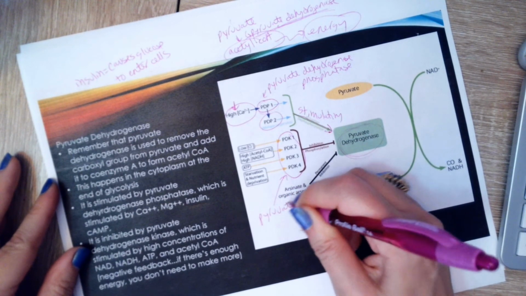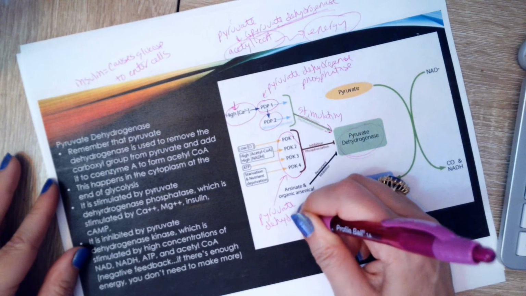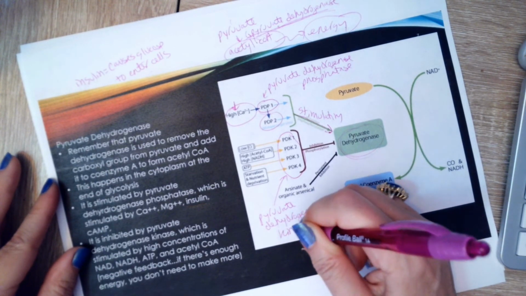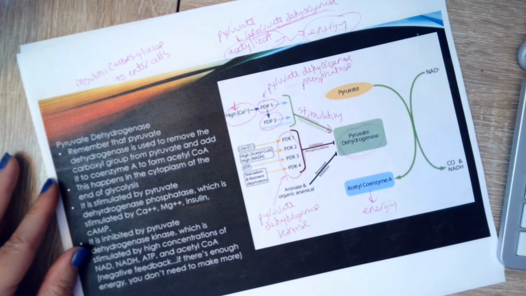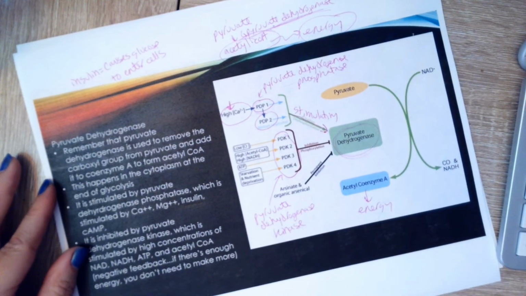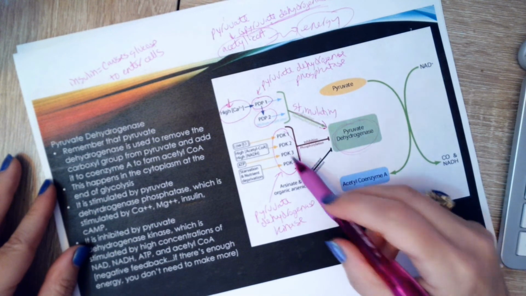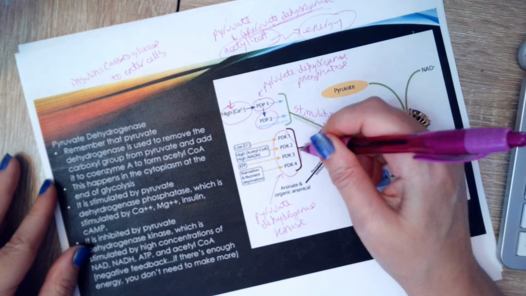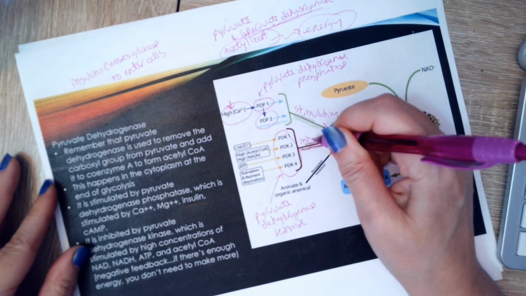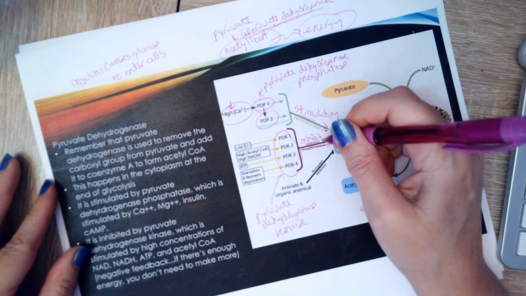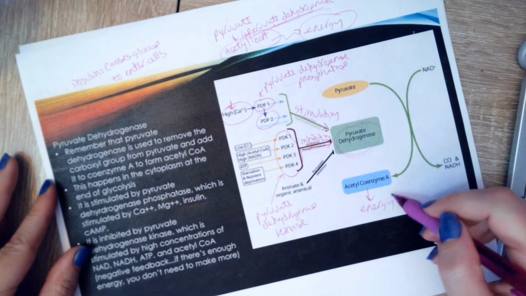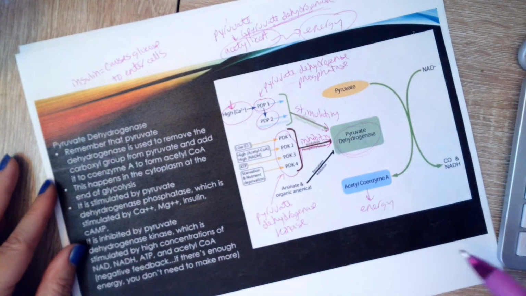That slows down the pyruvate dehydrogenase. So anytime you have PDK active, you're going to inhibit your pyruvate dehydrogenase. You make less acetyl-CoA, you make less energy.